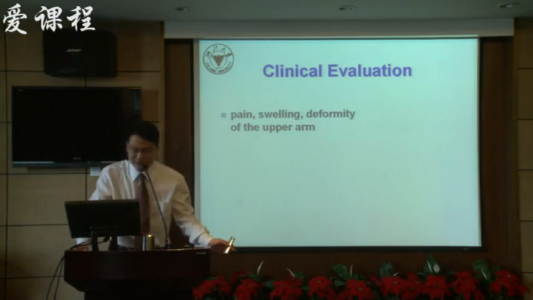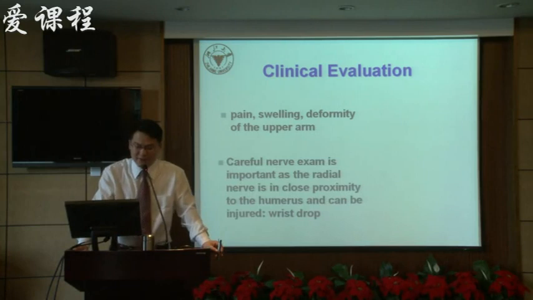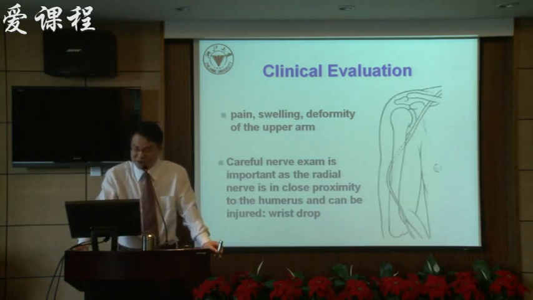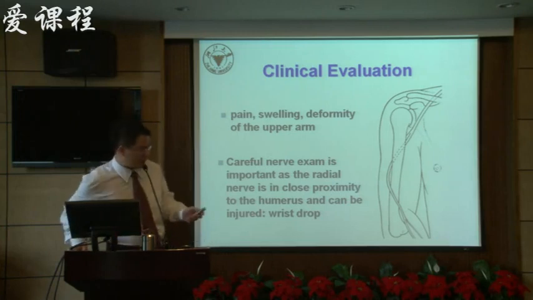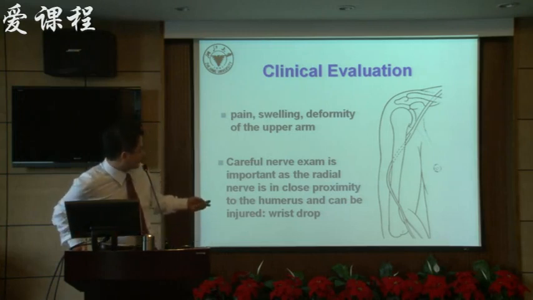For the upper arm, a careful nerve examination is very important, as the radial nerve is in close proximity to the humerus and can be injured, which will result in wrist drop. Particularly for fractures of the humeral shaft located in the lower one third of the humerus.